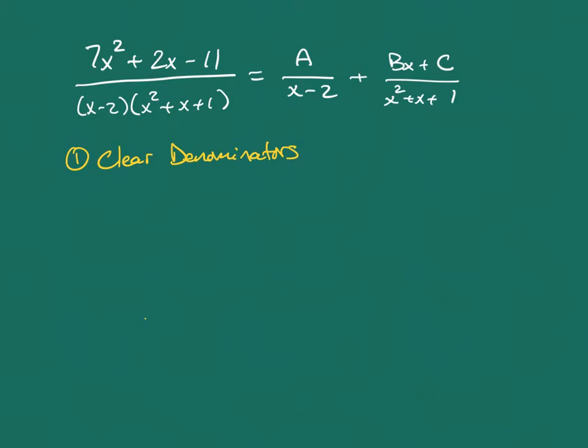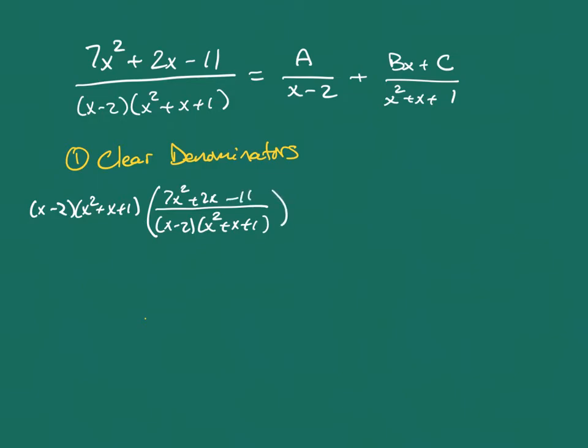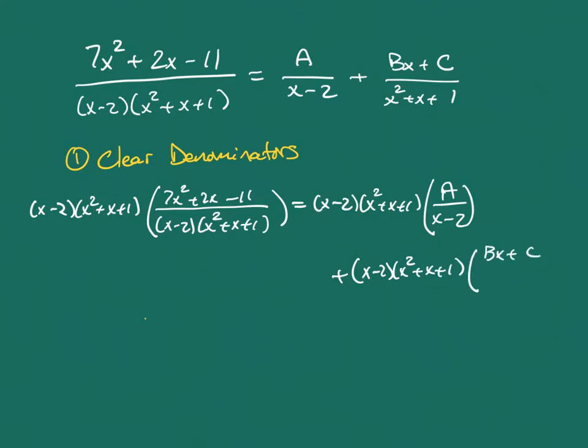Okay, so if we clear denominators, what happens? We've got x minus 2 times x squared plus x plus 1 times our fraction, 7x squared plus 2x minus 11 over x minus 2 times x squared plus x plus 1, and then we have x minus 2 times x squared plus x plus 1 times a over x minus 2 plus x minus 2 times x squared plus x plus 1 times bx plus c over x squared plus x plus 1.